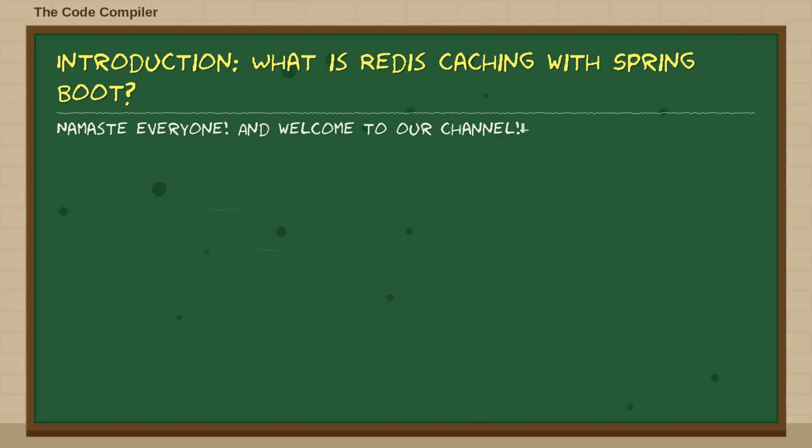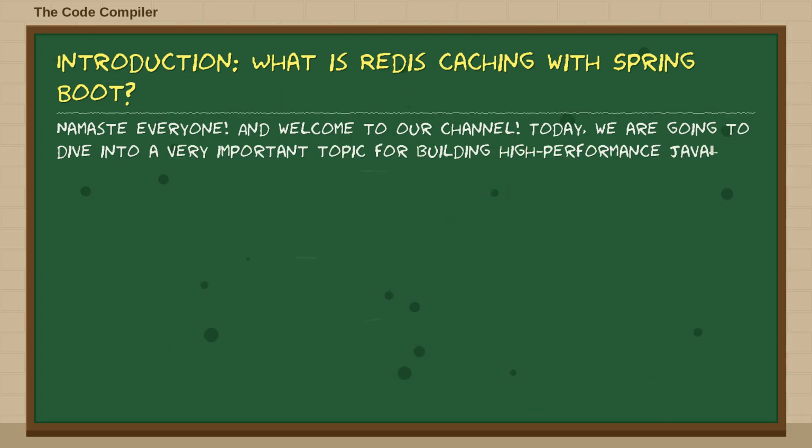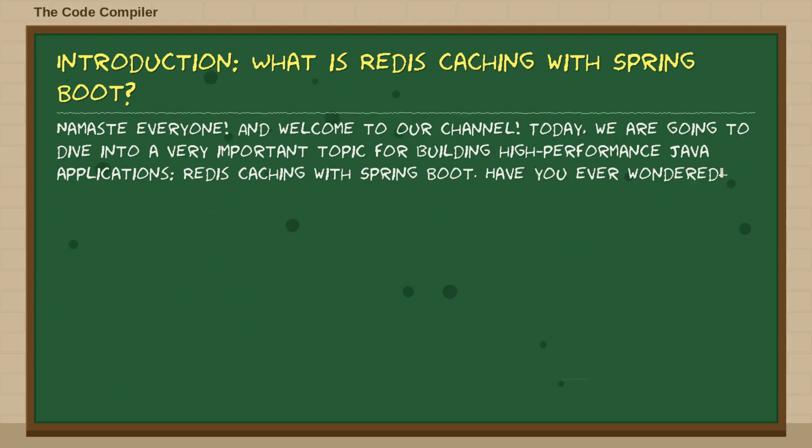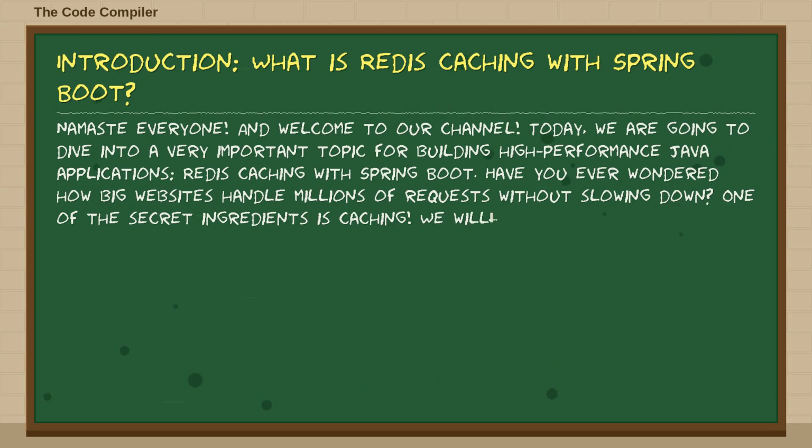Today, we are going to dive into a very important topic for building high-performance Java applications, Redis caching with Spring Boot. Have you ever wondered how big websites handle millions of requests without slowing down? One of the secret ingredients is caching.